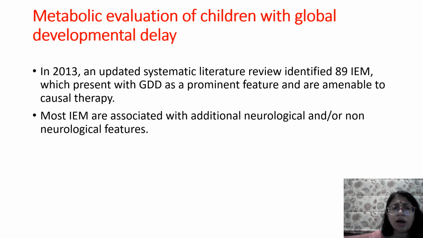So how far and how deep should the metabolic evaluation of a child with global developmental delay go? There was a systematic review in 2013 which identified 89 IEMs that were amenable to treatment of the underlying cause.